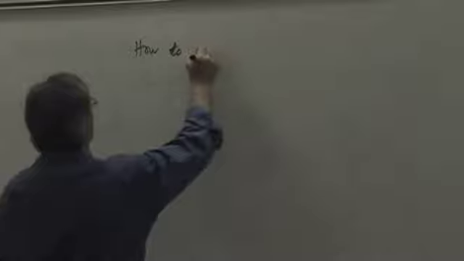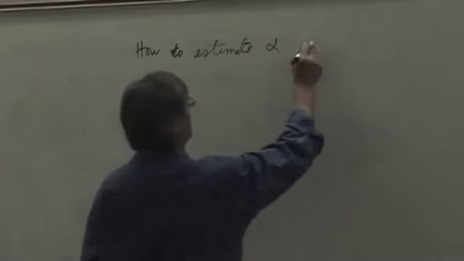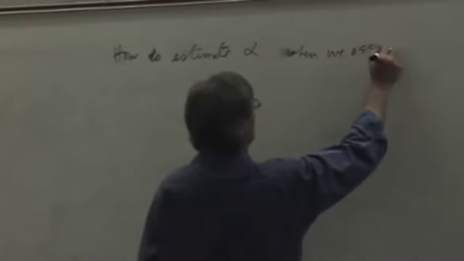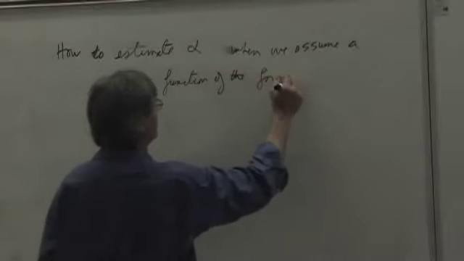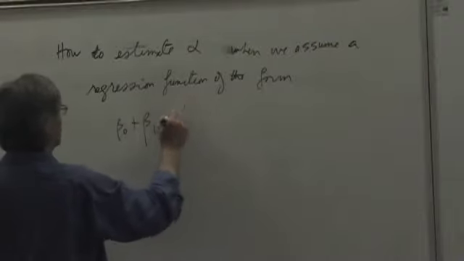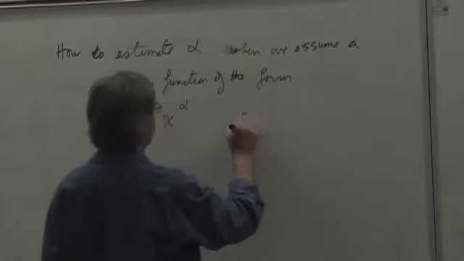Suppose how to estimate alpha when we assume a regression function of the form beta 0 plus beta 1 x to the alpha for the windmill data.